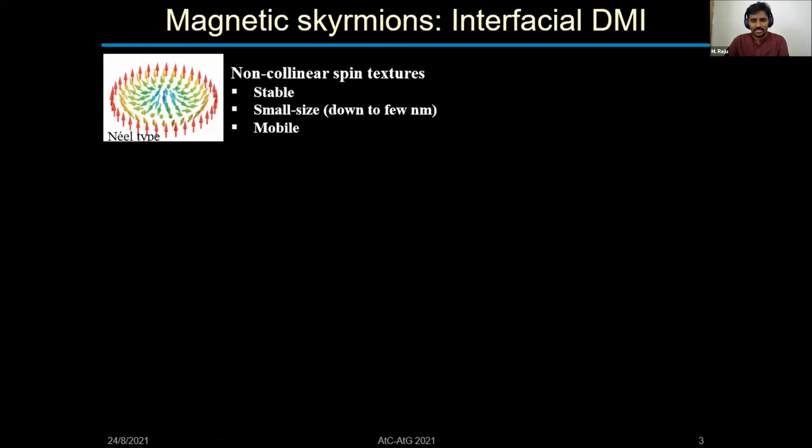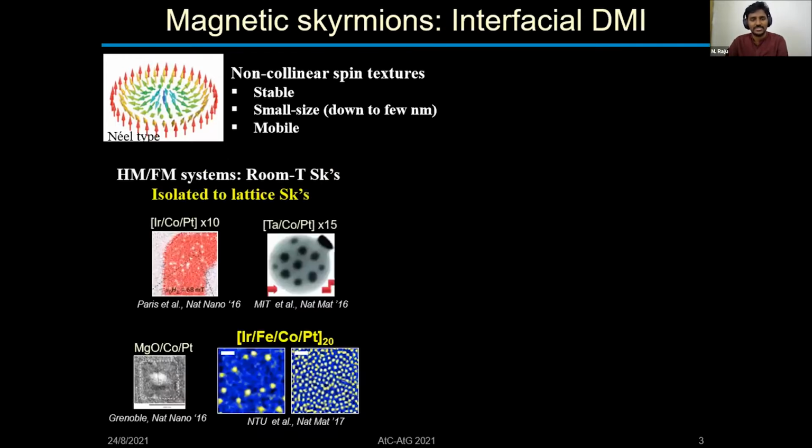To start with, these magnetic skyrmions are non-collinear spin textures. They're stable, topologically protected, and small in size, up to a few nanometers, and can be manipulated by electrical currents, magnetic fields or thermal gradients.